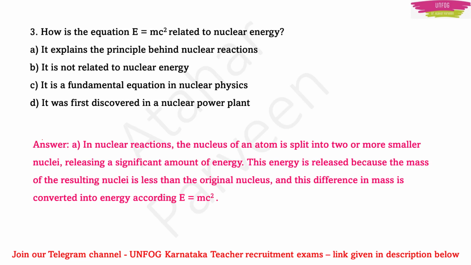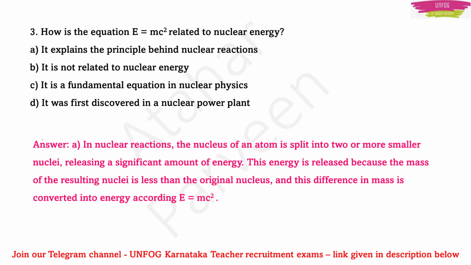I have given you the example, right? In nuclear reactions, the nucleus of an atom will split into two or more smaller nuclei and an enormous amount of energy is released. This energy is released because the mass of the resulting nuclei is less than the original nucleus. This difference in mass is converted into energy, and this goes according to E is equal to mc square.